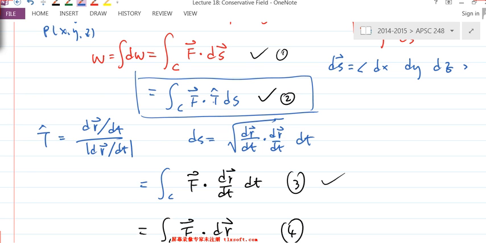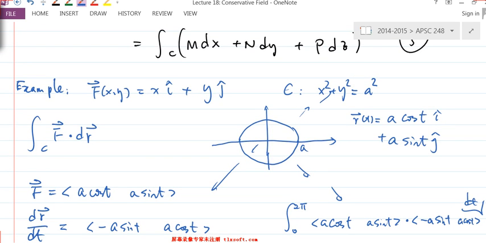If I pick a point here, the vector field points outward, and if you extend it, it joins the origin.